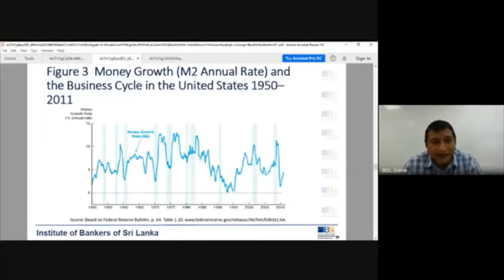And then again, money supply tends to behave back to its level, and then again increases, and you see the recessionary points in the US economy. This is very clear. But what is interesting here is that prior to the 1980s, the repetition of increases and recession was more frequent than in the post-1980 period.